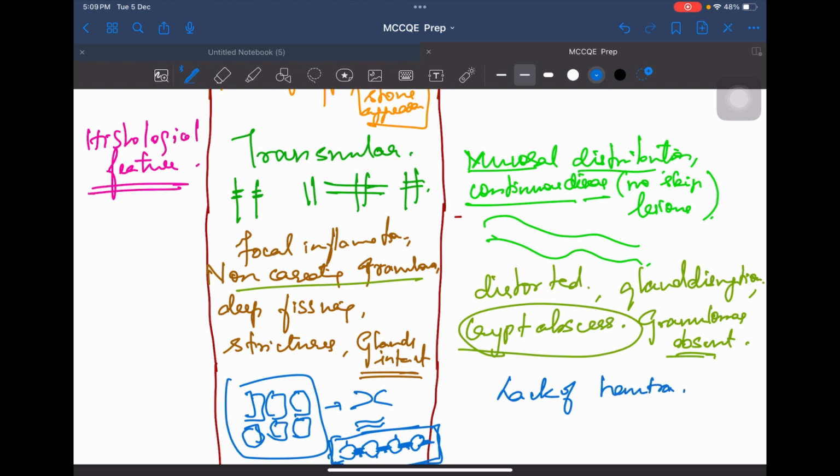Normally there will be haustra, but in ulcerative colitis there will be total distortion of the mucosa of the large bowel, so there will be loss of haustra, and strictures are very rare. If present, we need to rule out some complicating cancers. Okay, strictures are rare. So this is about radiological features.